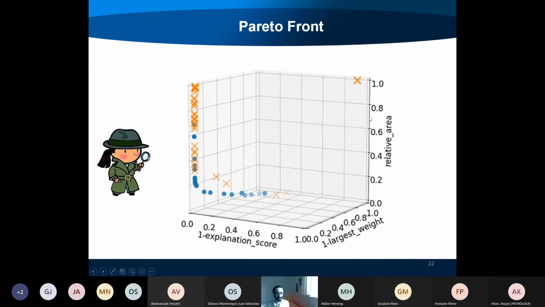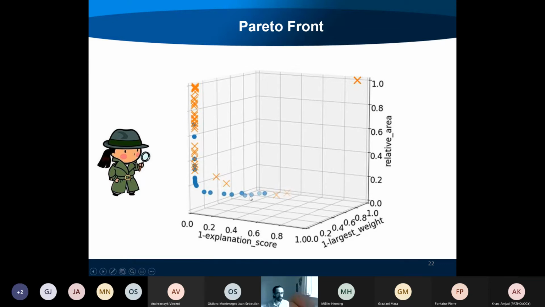In this case, due to some technicalities of the library I was using, it only accepts minimization problems. So I wanted to minimize the relative area, so that's fine. But I wanted to maximize the explanation score and the largest weight. So in order to turn this into a minimization problem, you have to do 1 minus explanation score, 1 minus largest weight. But you see that all of these are being pushed towards 0, but it forms a front.